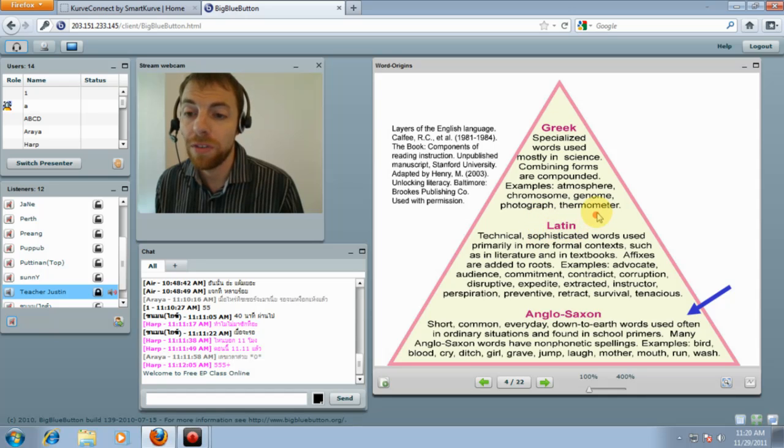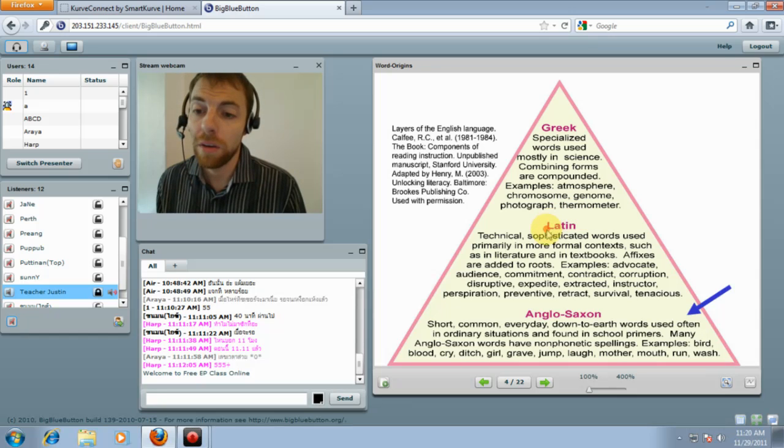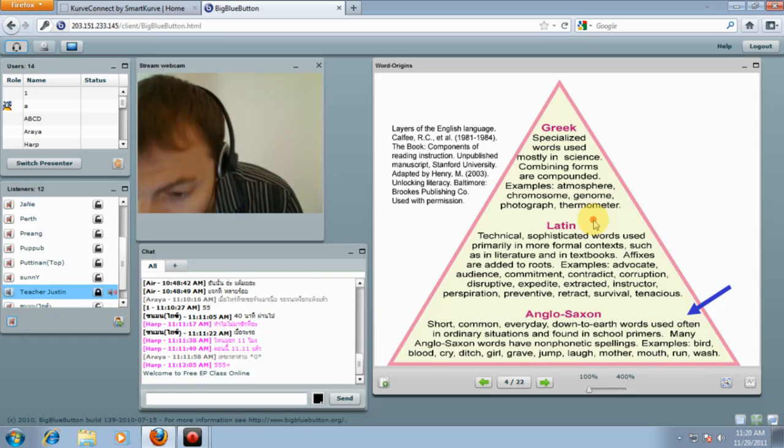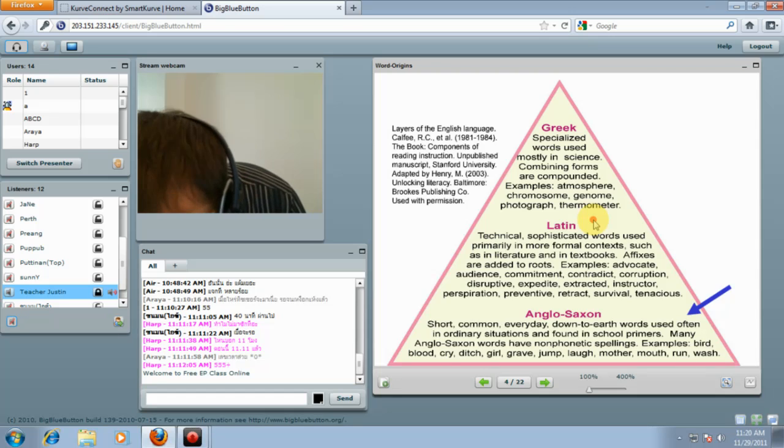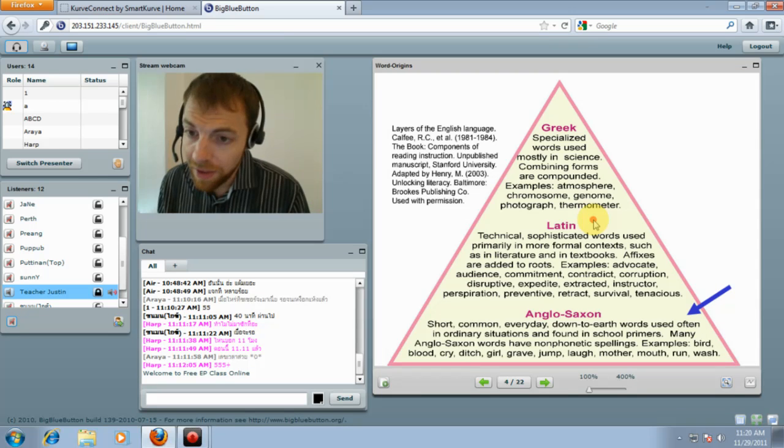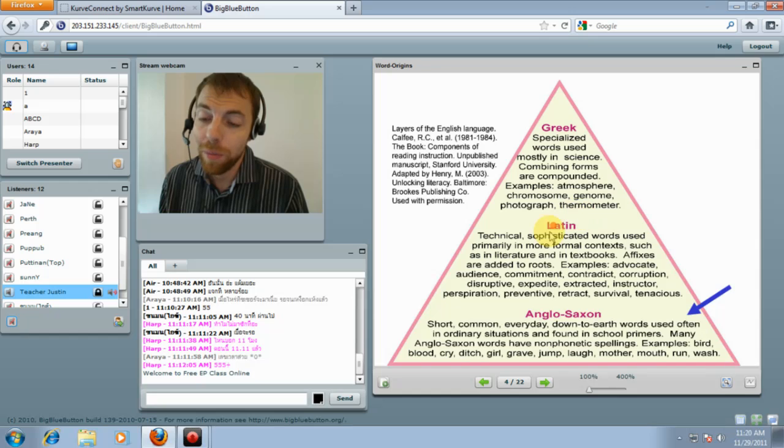Latin was the Roman Empire, which took over and took control of all of Greece. And the Latin Empire then moved over to England and became Anglo-Saxon.